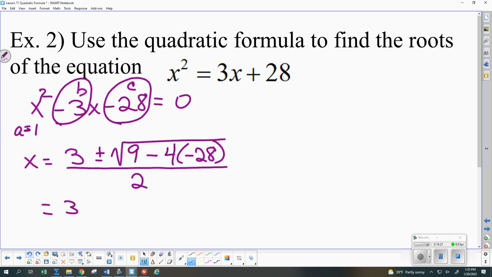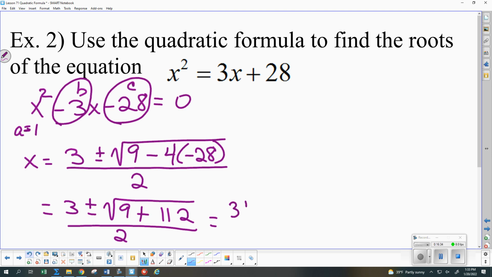So this time I have 3 plus or minus the square root of 9 plus 112 over 2. So I am looking at 3 plus or minus root 121. Hey, no imaginary this time, so I don't have to worry about an I. Over 2, does that mean I'm finished?